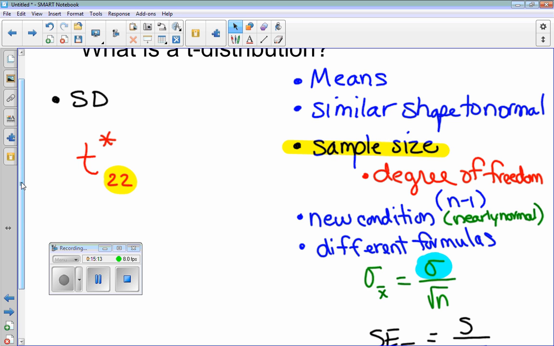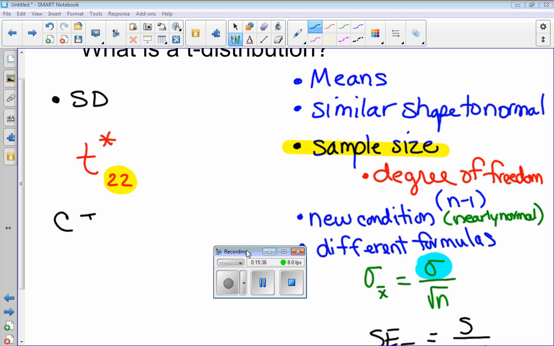Nothing the same? Nothing similar? Okay, the t-distribution can still be used to find a confidence interval, which means there's still going to be a margin of error that's used. We're still going to use that similar formula. But with a t-distribution, we're talking about means.